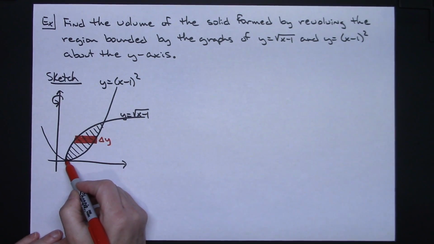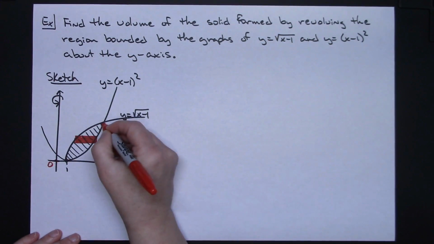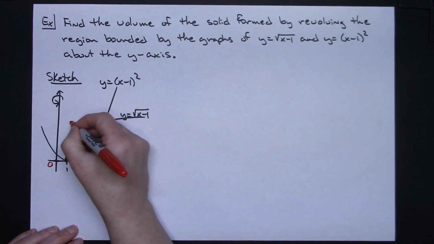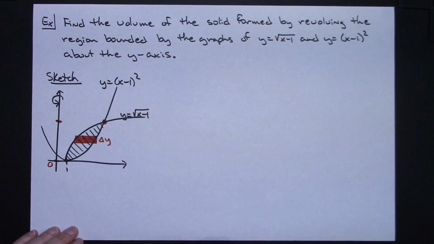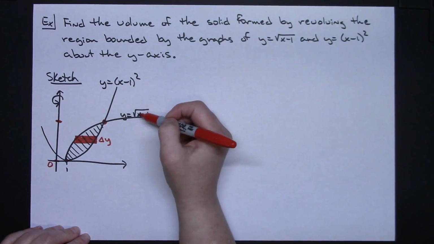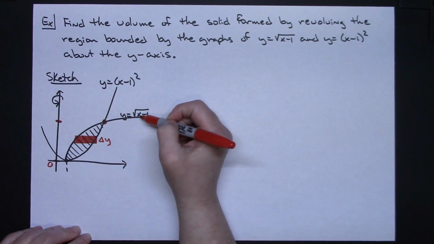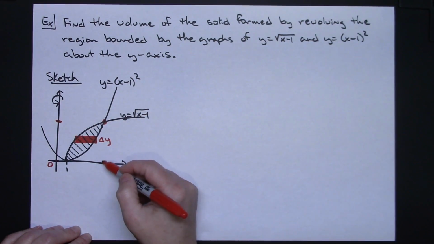I know my intersection point here is at 0. I need to find this intersection point on the y-axis. So I again have to find intersection points, but I cannot set these two curves equal to each other right now, because if I did, I would be finding the value of x, so I would be finding this point down here.